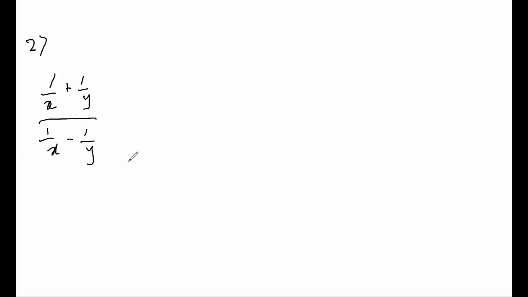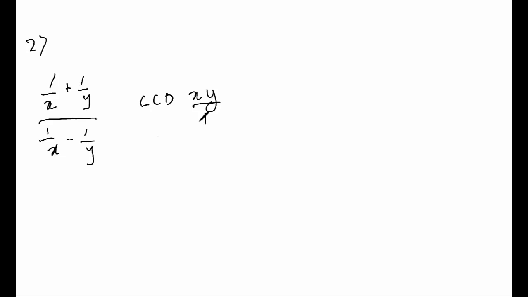So let's try the lowest common denominator method. Well, what's the lowest common denominator in these? Well, we can see that the lowest common denominator is xy. So what we're going to do is multiply each of these terms by xy over 1, to keep things tidy.